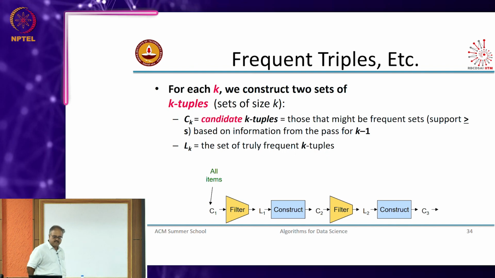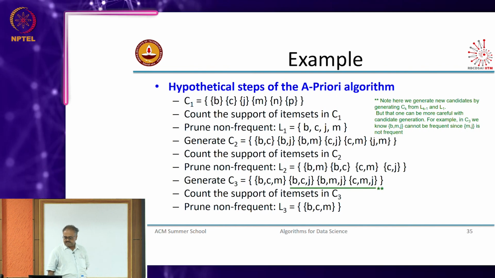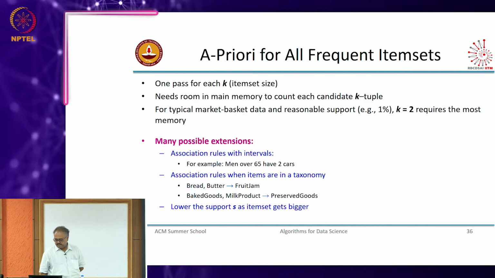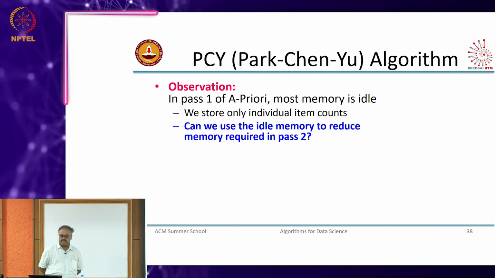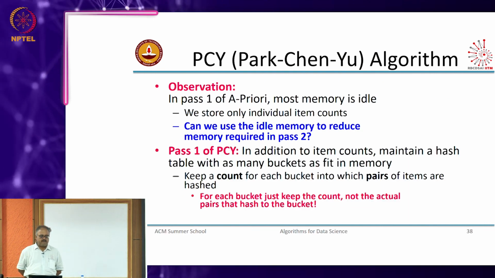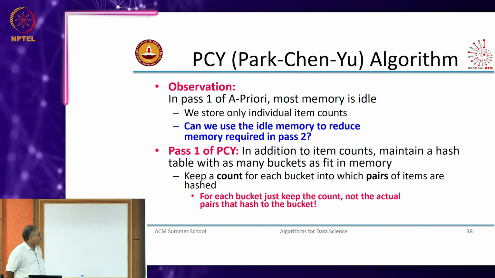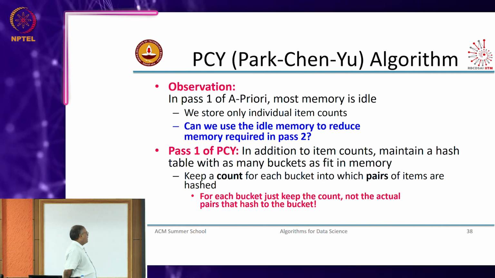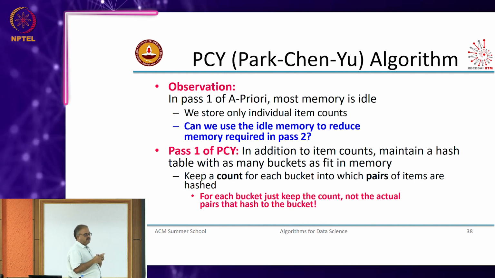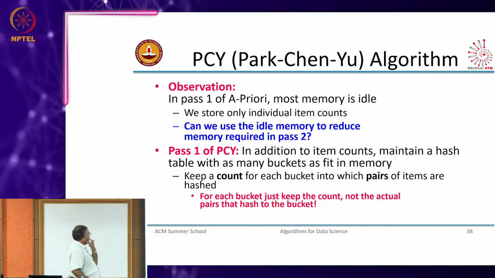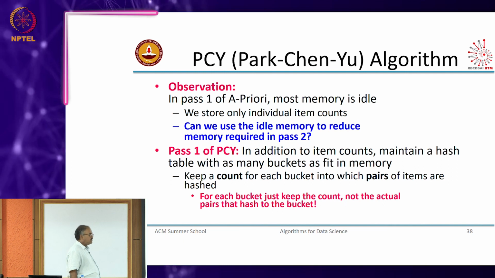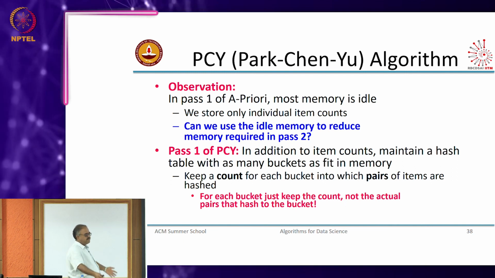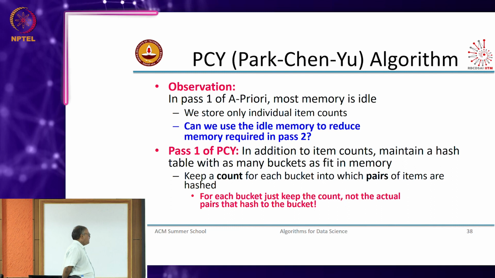So, that is basically what these guys are doing in the PCY algorithm. Can we reduce the memory required in pass 2? So, in pass 1, apart from the item counts that we are building, we maintain a hash table, as large a hash table as can fit into the memory.